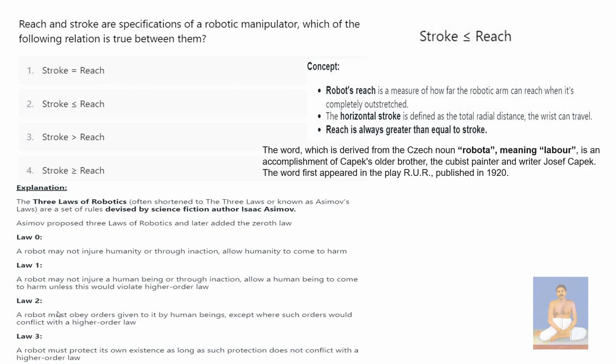Law 1 states that a robot may not injure a human being or, through inaction, allow a human being to come to harm, unless this would violate a higher order law. Law 2: a robot must obey orders given to it by human beings, except when such orders would conflict with a higher order law. Law 3: a robot must protect its own existence as long as such protection does not conflict with a higher order law.